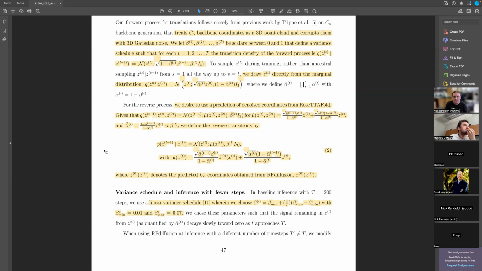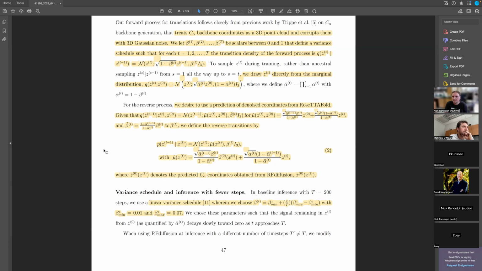So this gets back to a question that was asked a little while ago. If there's no sequence information during training, how can you expect the model to predict the native structure without a sequence? I mean, the loss function is to the ground truth native structure, right?